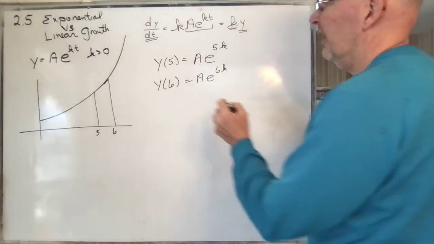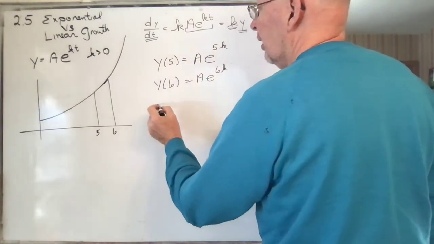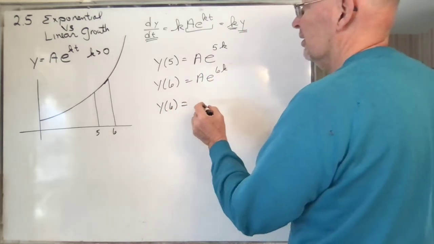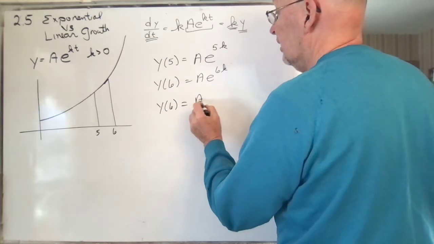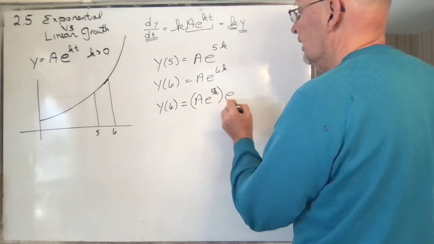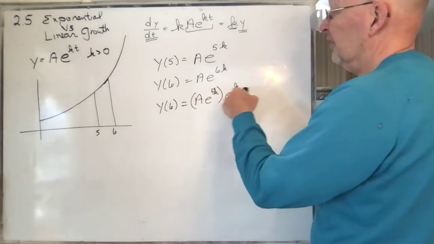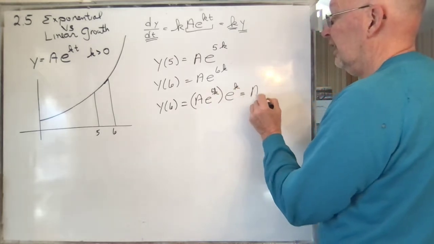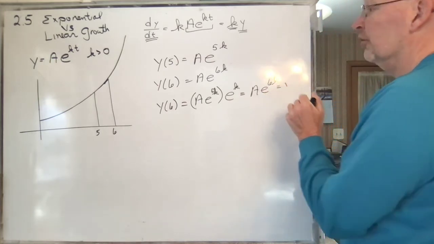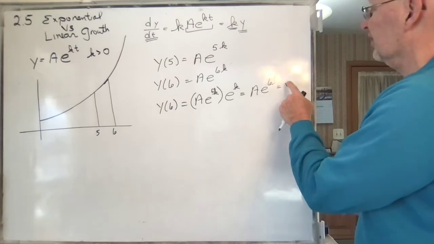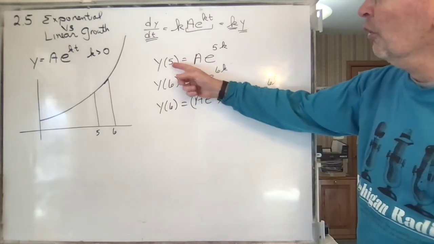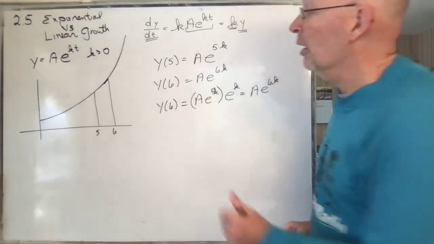And so notice that in order to get from here to here, y of 6 is just a e to the 5k times e to the k, right? Because if you add those exponents, you're going to get a e to the 6k, which is your y of 6.